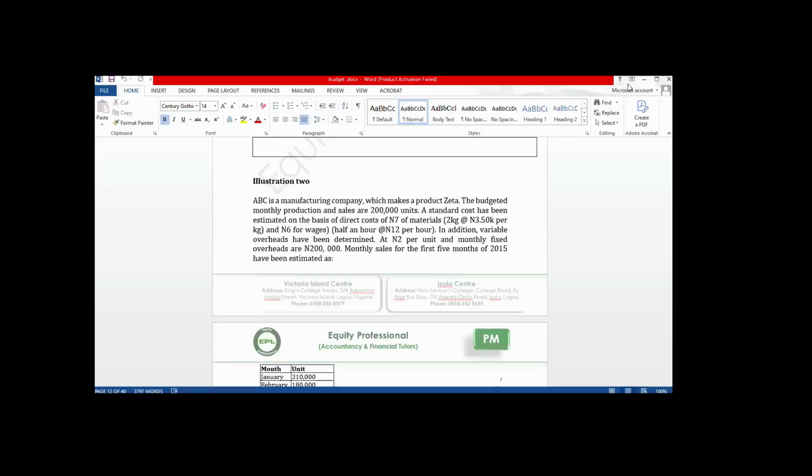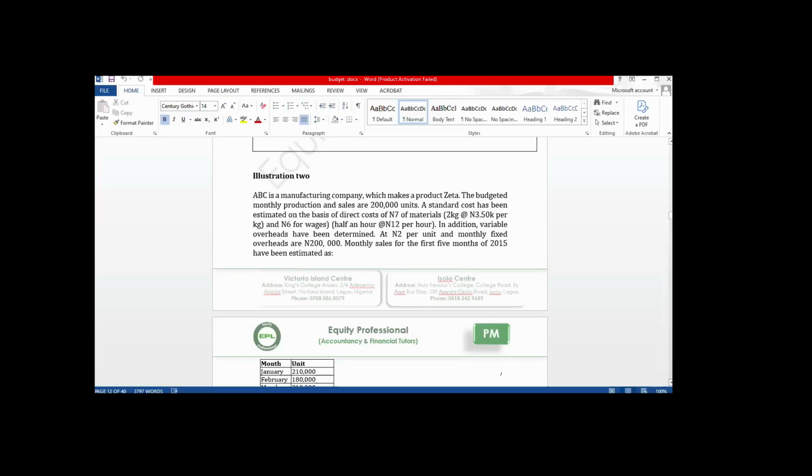Next, monthly sales for the first 5 months of 2015 has been estimated. The estimated sales for January.